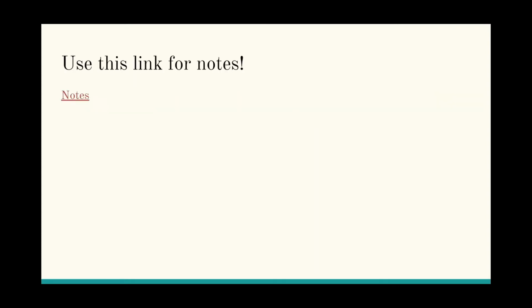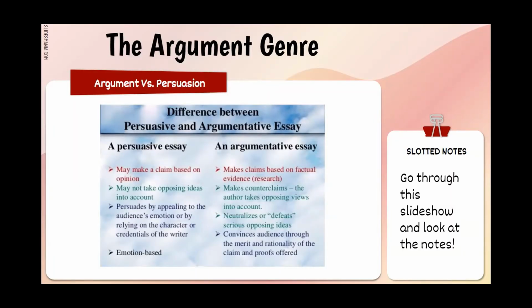So let's look at some notes. So these are the notes. The difference between persuasive and argumentative essay. A persuasive essay may make a claim based on opinion, may not take opposing ideas into account, persuades by appealing to the audience's emotion or by relying on the character or credentials of the writer, emotion-based.